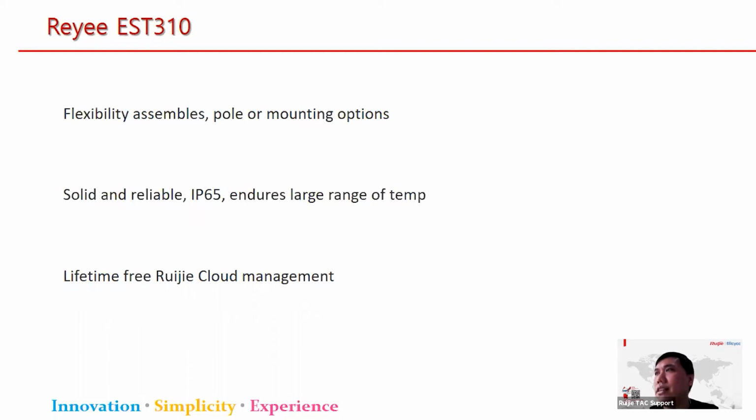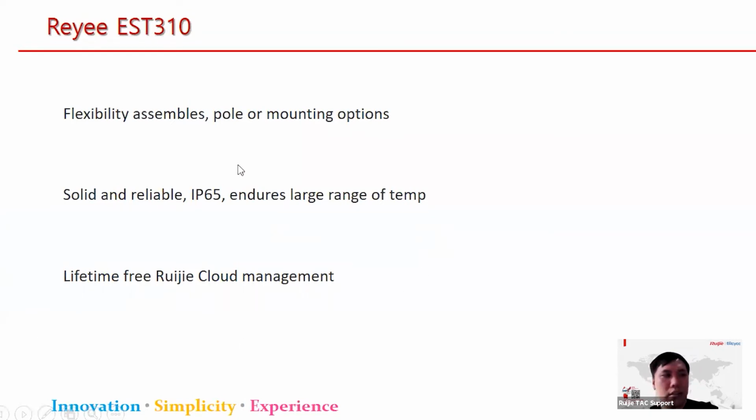For the end user, it has a large temperature range: it can sustain temperatures from minus 30 until 65, if I'm not mistaken. There is also lifetime free Ruijie Cloud management, which is one thing we want to highlight.